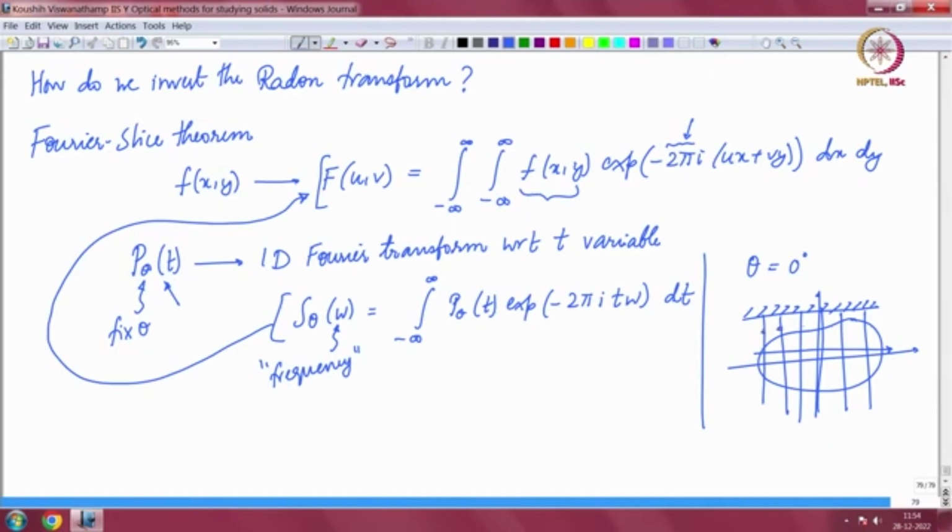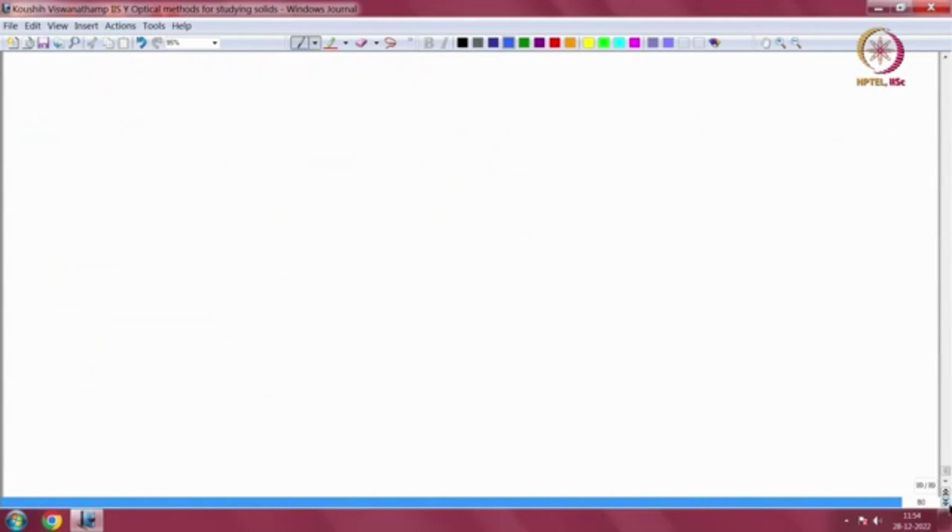So, now all the actual light rays or x rays are going parallel to the y axis, this is x, this is y, and t is basically nothing but x, right, your t coordinate is horizontal because theta equal to 0 degrees. Good. So, let us look at the theta equal to 0 degree case.